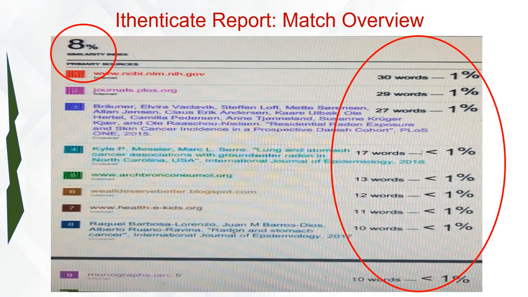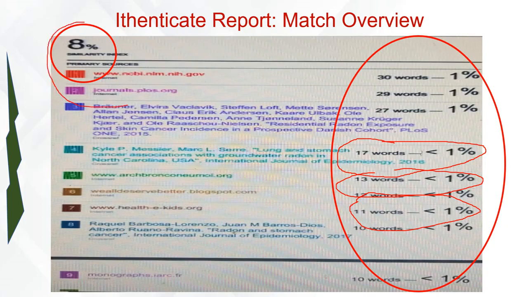So what does it mean if someone says that you are allowed to use 10% or 8% similarity? It means that even if there is some degree of similarity index, they would like to see similarity of less than 1% from each source. So for example here, less than 1%, less than 1%, less than 1%. Even if these sources are 50 or 100, the total percentage should not exceed 8%.